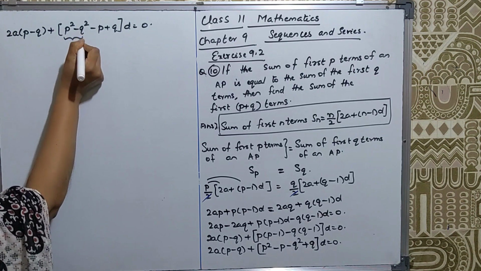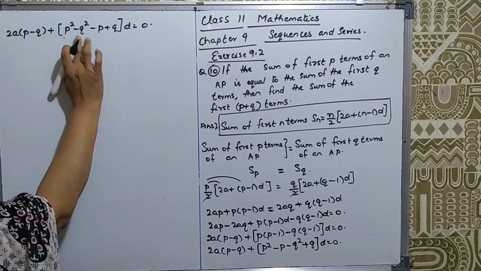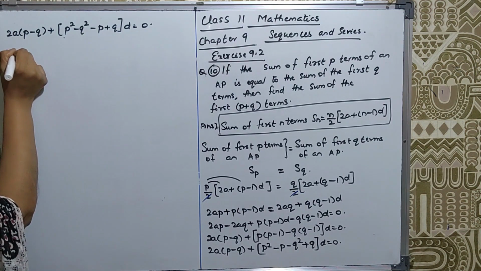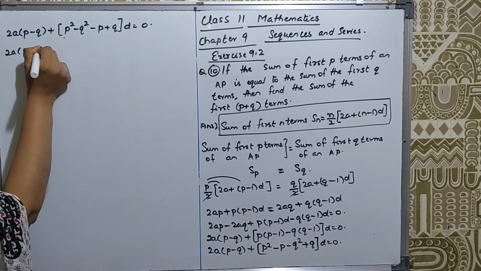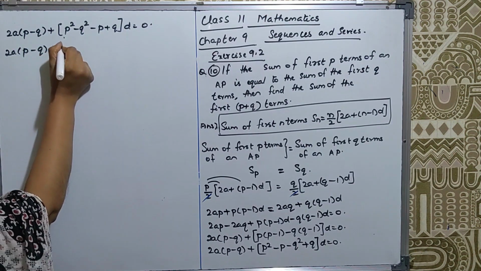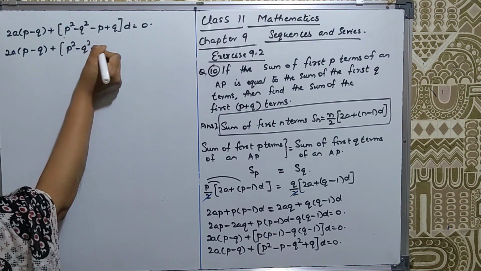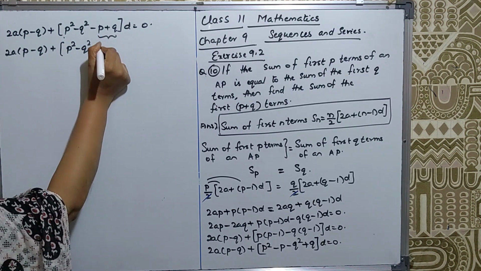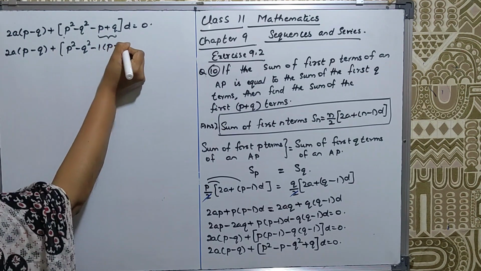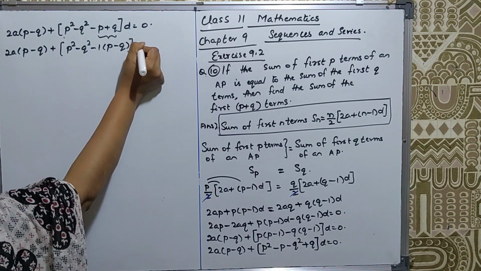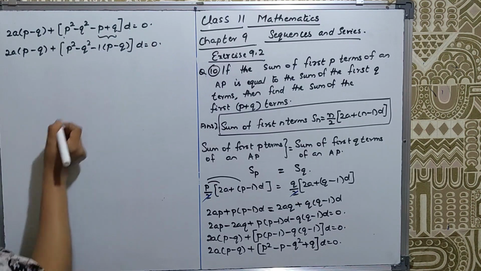Now we'll apply the identity. Before the identity, once more we'll rearrange them. So 2a into p minus q plus p squared minus q squared minus, I'll take minus 1 outside, into p minus q, full thing into d equal to 0.